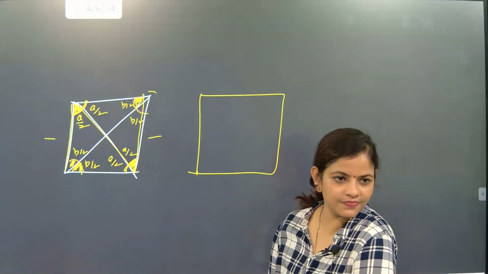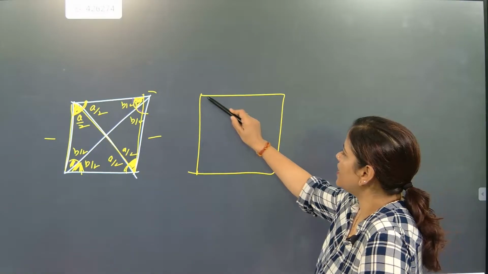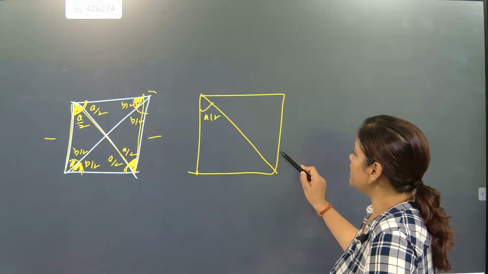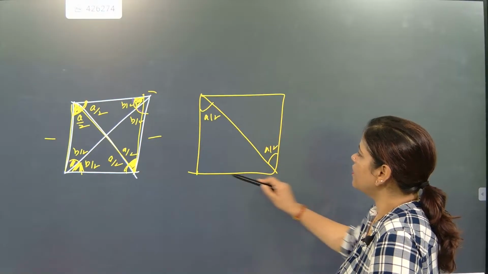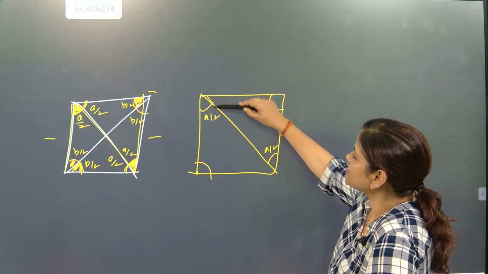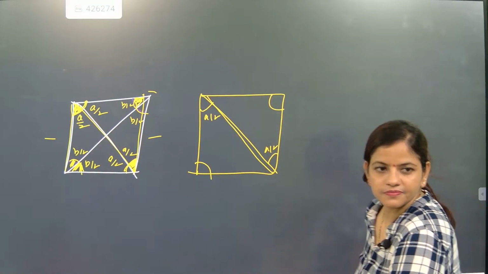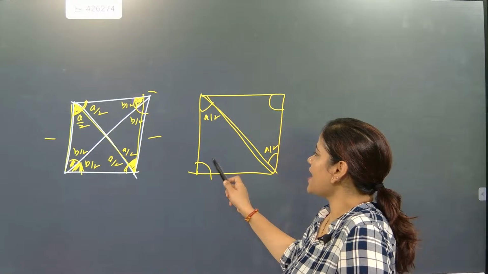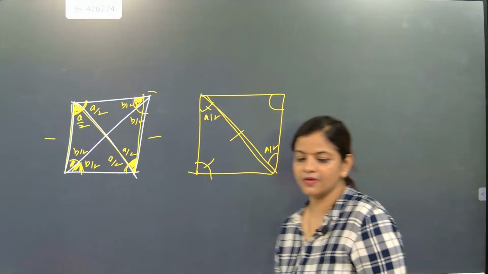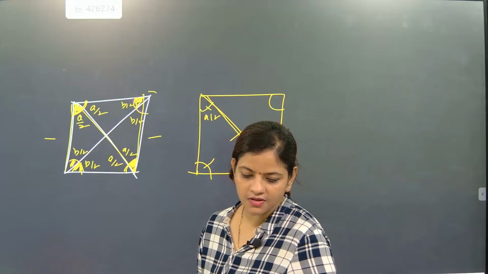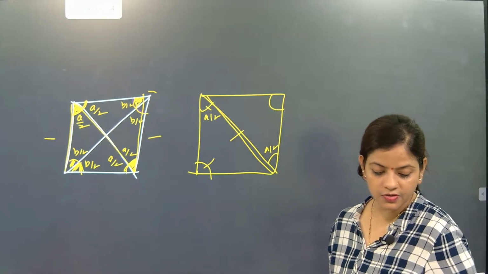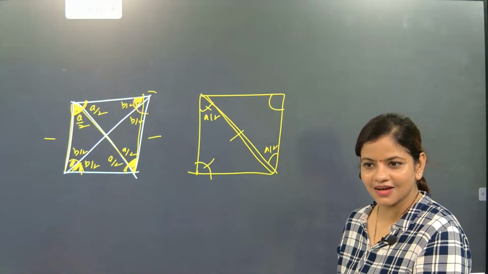This will become A by 2 and this is coming as A by 2. Already this is equal to this, and this is common. So is it coming as angle, side? Quadrilateral is the topic going on right now. Did you understand? Easy, no?